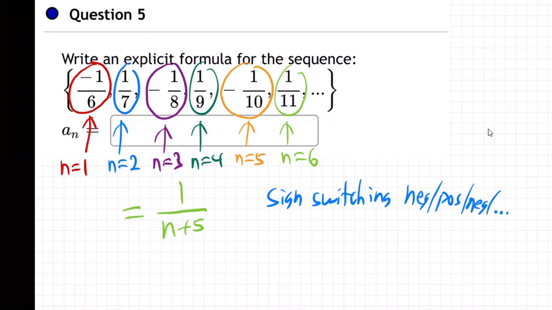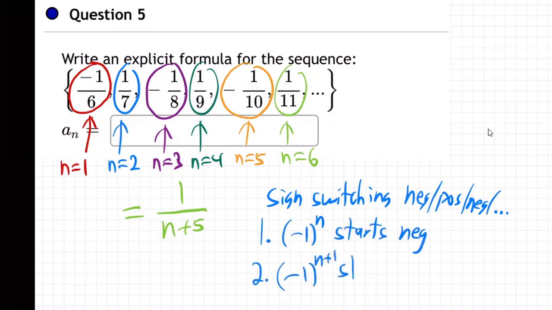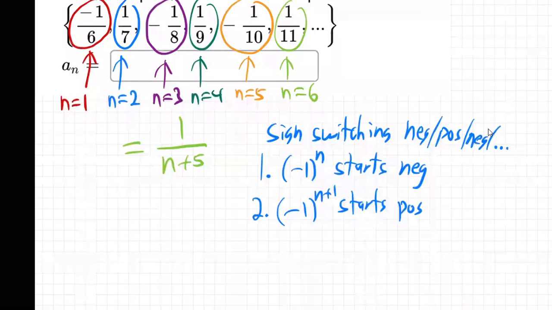It's negative 1 to the n if it starts negative, and negative 1 to the n plus 1 if it starts positive.